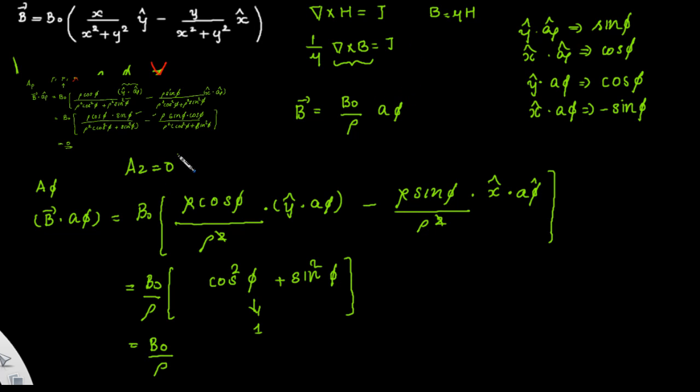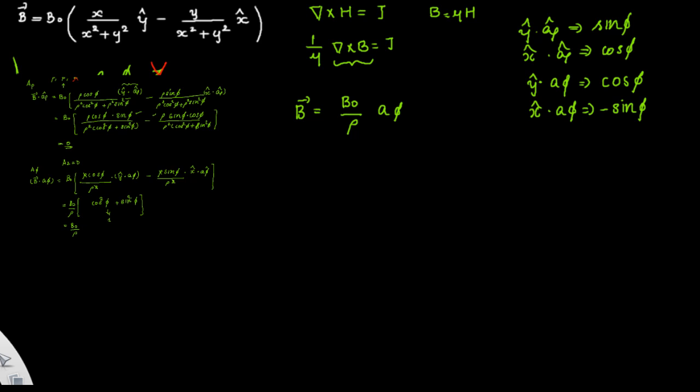Let's see that. We have found what B is in the cylindrical coordinate system. Now what is del cross B in the cylindrical coordinate system? That will be 1 by rho times the determinant of a rho, a phi, a z, which are the unit vectors, and the partials dou by dou rho, dou by dou phi, and dou by dou z.